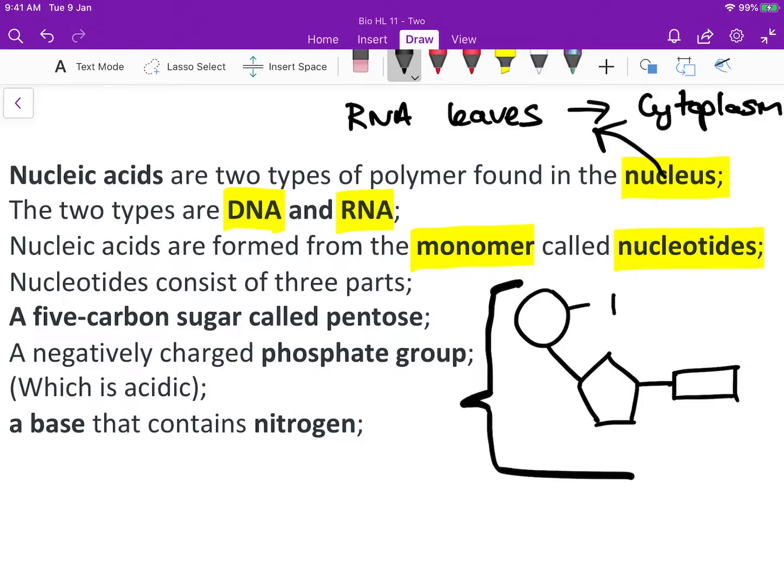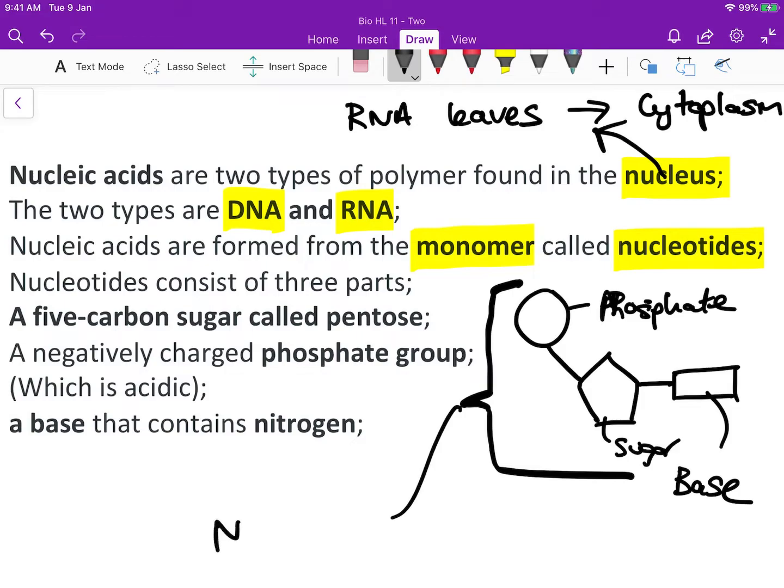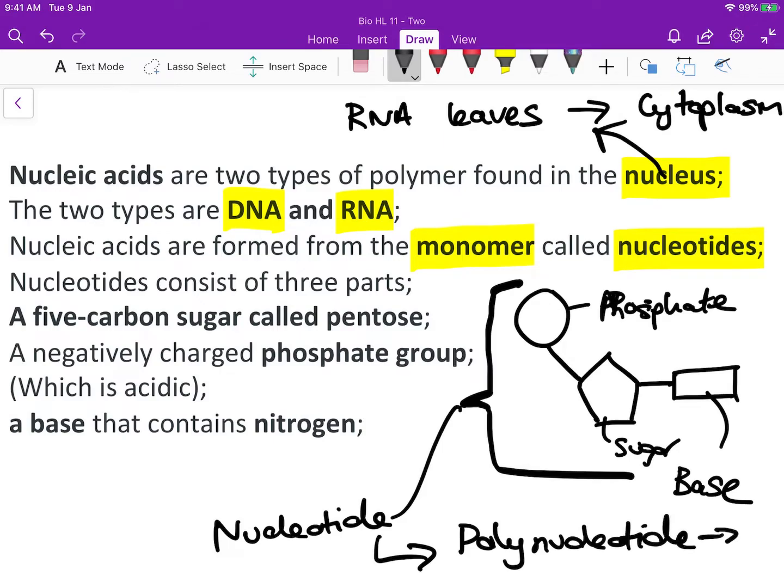It's the phosphate, it's the sugar, and it's the base, the nitrogenous base. So that's the monomer, and it's going to repeat again and again. So nucleotides make up polynucleotides, but most of the time we just call it DNA. We don't really talk about polynucleotides very much.